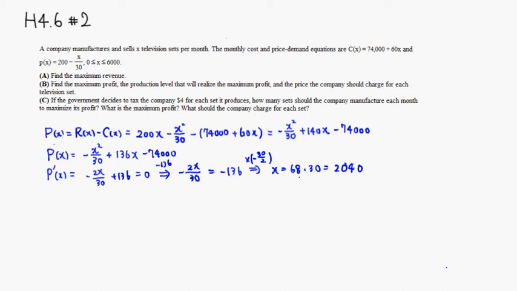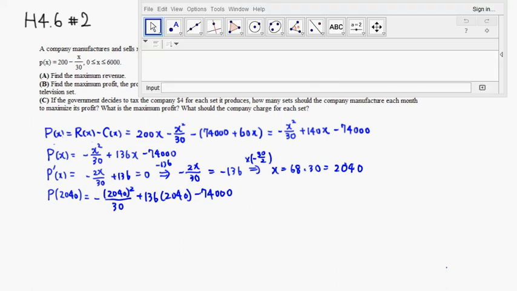We want maximum profit, so we have to plug it in. So P of 2040 is equal to negative 2040 squared over 30, plus 136 times 2040, minus 74,000. I'm going to cheat a little bit and just use GeoGebra to compute this.